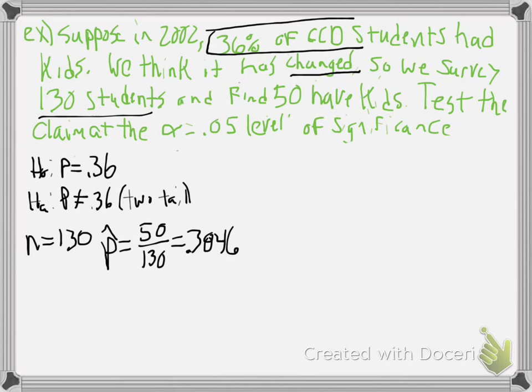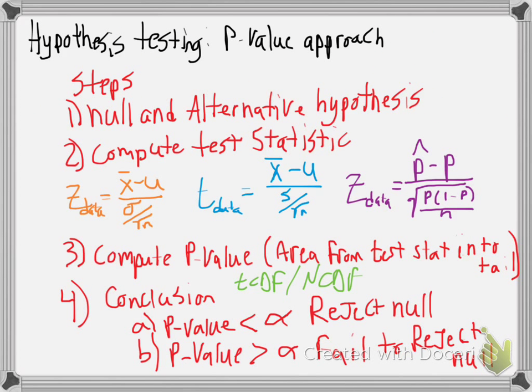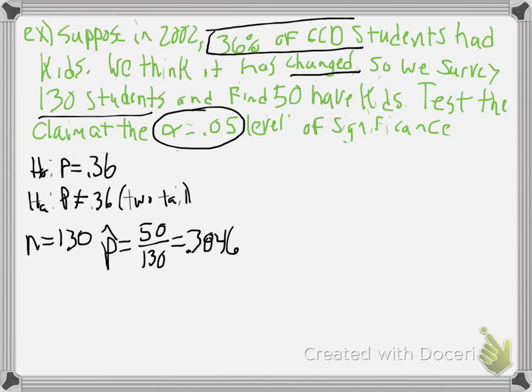Now, it says test a claim at the alpha equal 0.05 level of significance. So I've got to check my formulas, and it looks like I'm going to be using the purple formula, the z-data with p-hat and p, because I have percentages. I'm going to just put zd, because I don't have a ton of room.